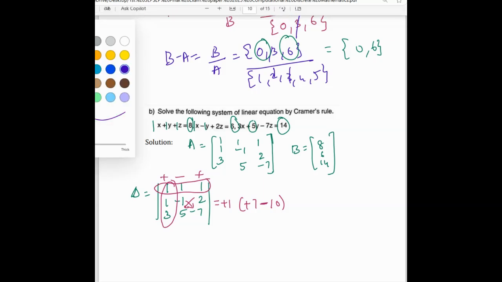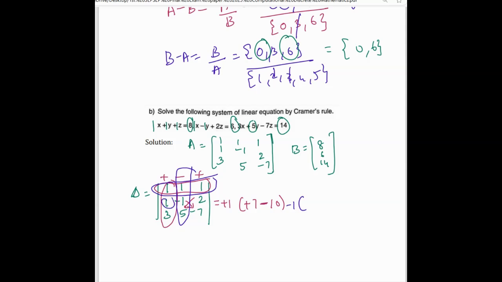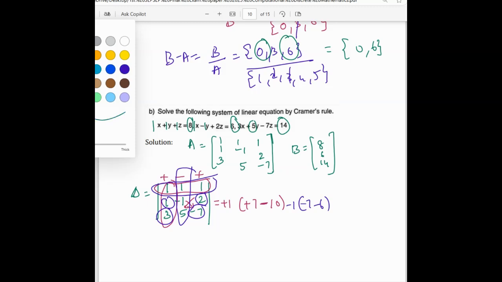We have the second element. When you take that row and that column, you should leave them out. So it will be minus 1 into 1 into 7. Minus 7 is minus 7, minus of 3 into 2 is 6. Then you go for the last one, the last element is 1.